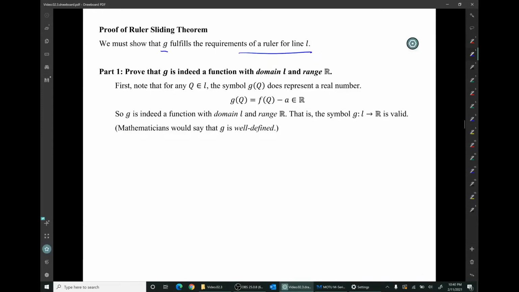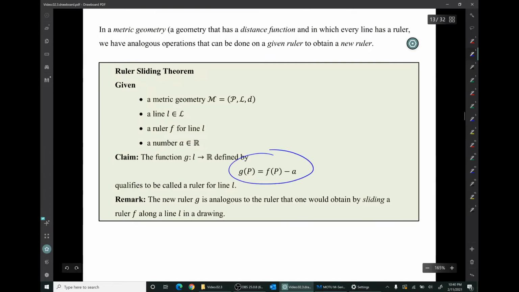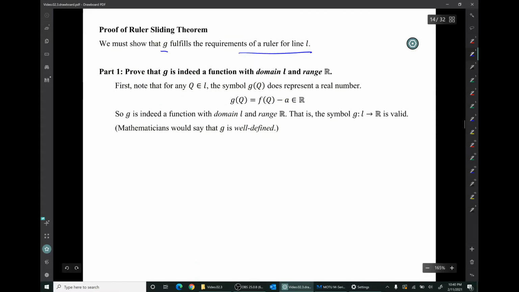So we have a candidate, this function g, that was introduced here, and we have to show that it fulfills all the requirements to be qualified to be called a ruler for the line L. So we have to show that g is indeed a function with domain L and range the real numbers.